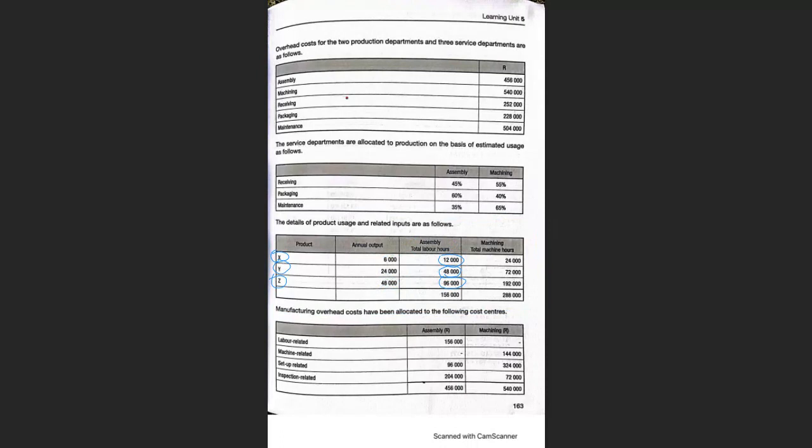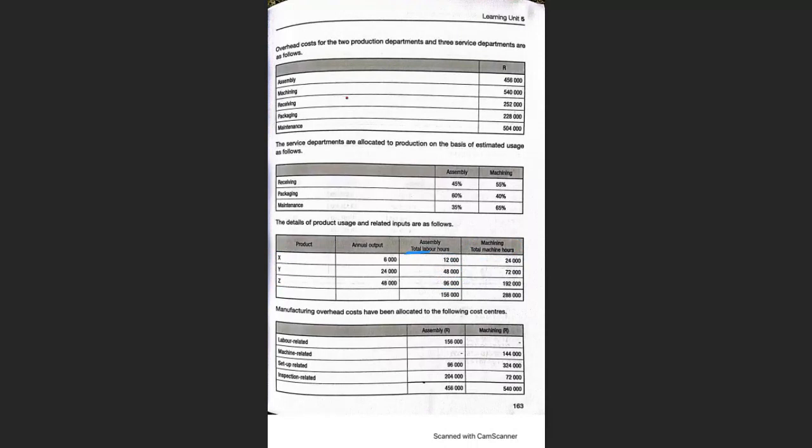Then the same for the machine department. It's telling you the total machine hours needed for product X, 24,000, for product Y, 72,000, and for product Z, 192,000.